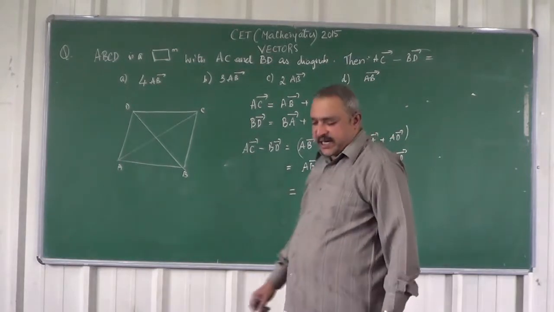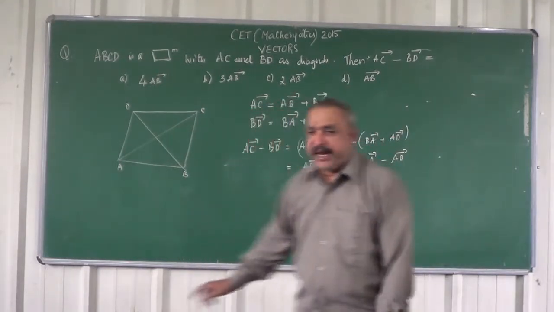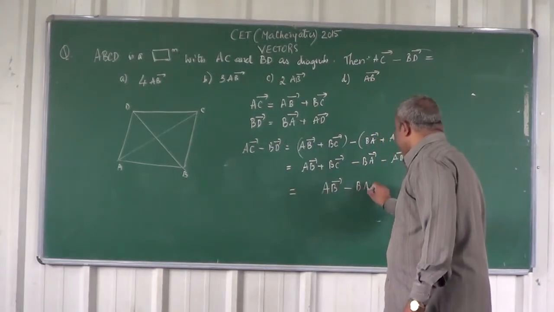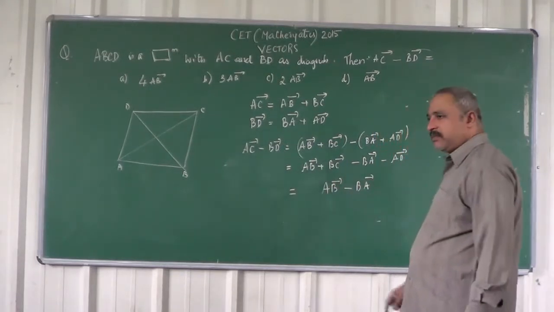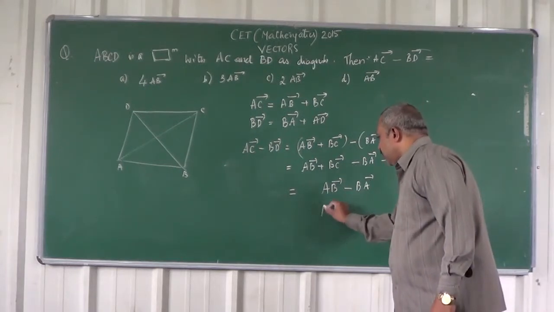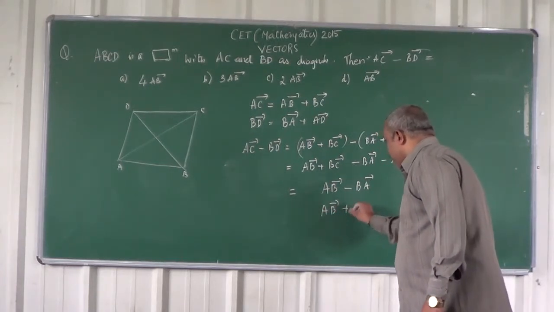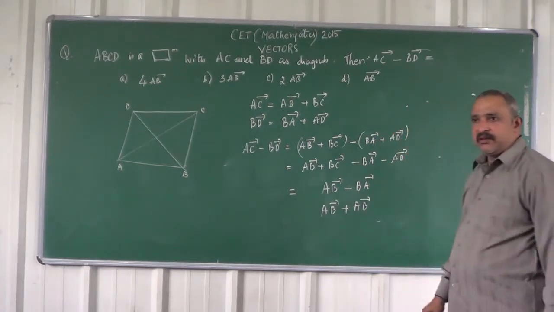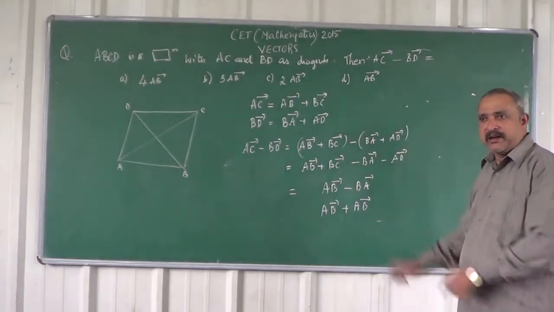So this can be written as AB minus BA. This is vector AB minus vector BA, or this is vector AB plus vector AB. I am changing the sign here. You can see in the diagram what is happening.